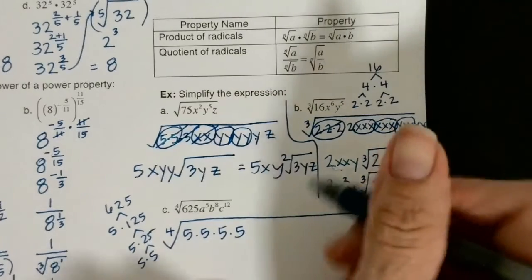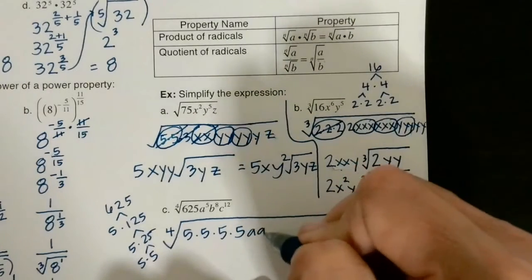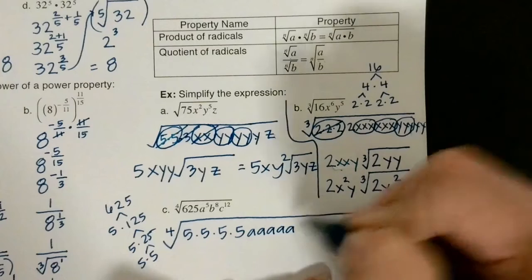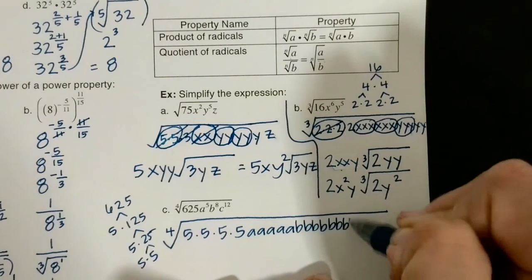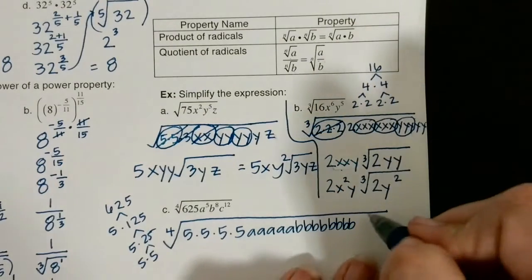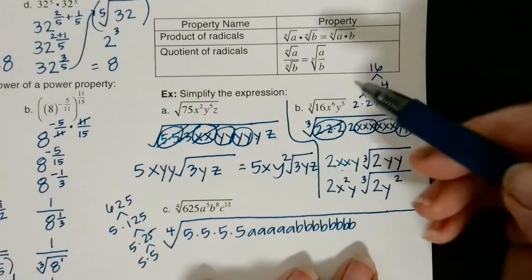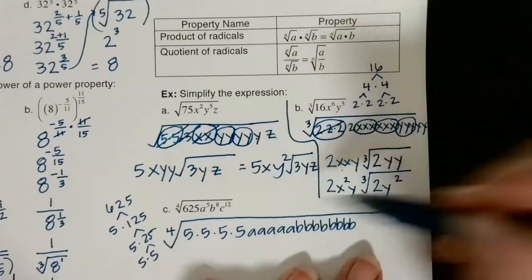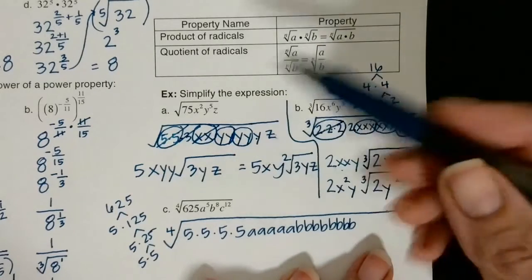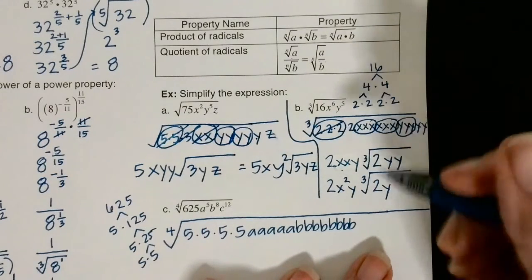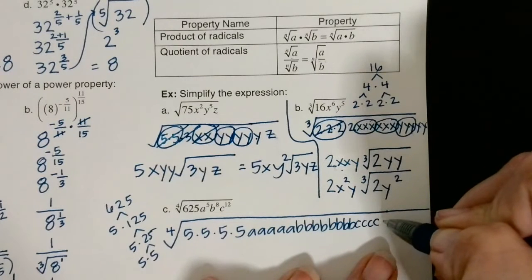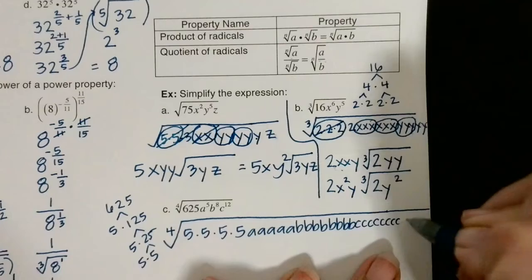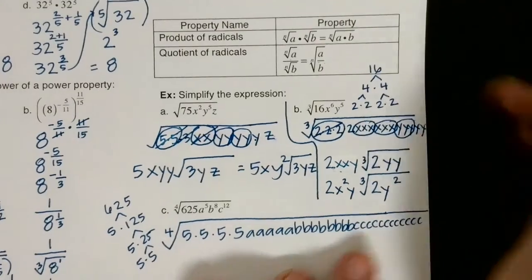And then we have a times a times a times a times a, 1, 2, 3, 4, 5, 6, 7, 8. And then we have 12 c's: 1, 2, 3, 4, 5, 6, 7, 8, 9, 10, 11, 12.